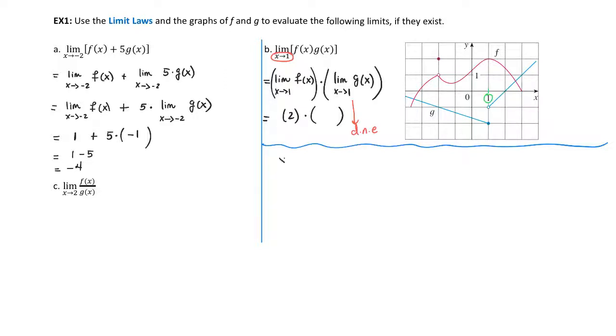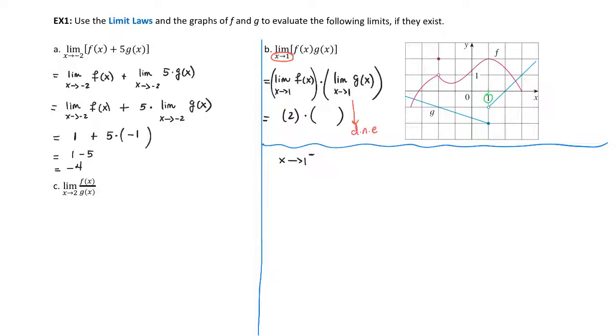So when x approaches 1 from the left, that's going to be case number 1. Remember that the properties of limits that we just discussed also apply to one-sided limits. So what I'm going to do is try to reapply the same property, but not to the double-sided limit, but to the one-sided limits.